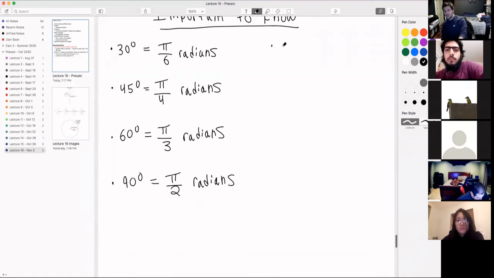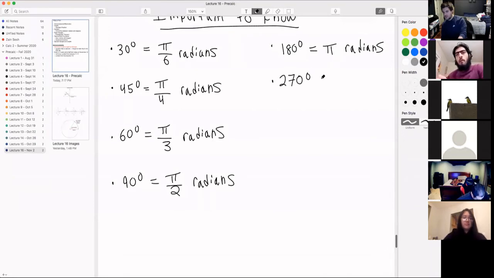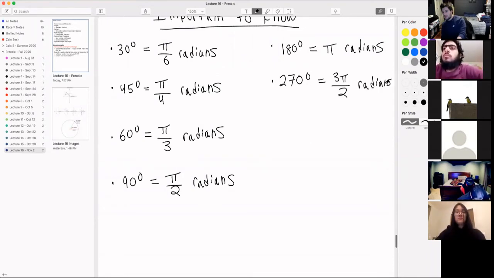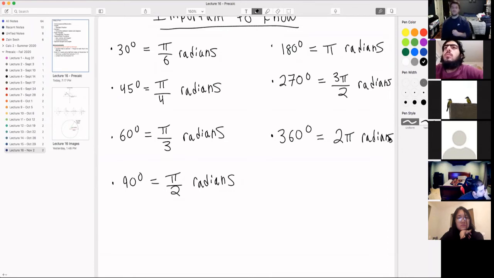Next, 180 degrees, which I think we did already, is pi radians. 270 degrees, which we also did, is 3 pi over 2 radians. And the last one, 360 degrees, will be 2 pi radians.